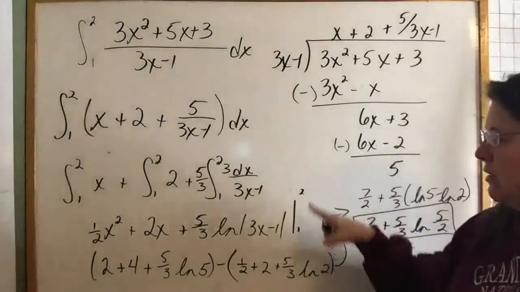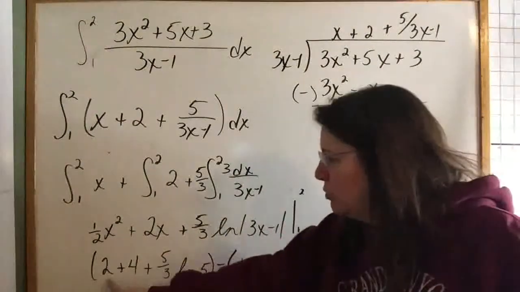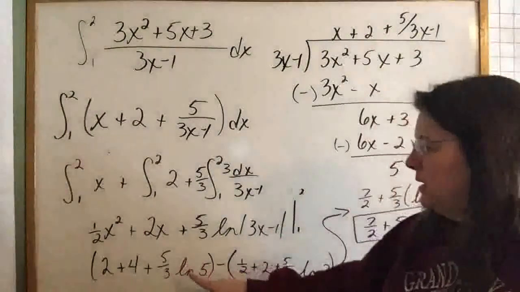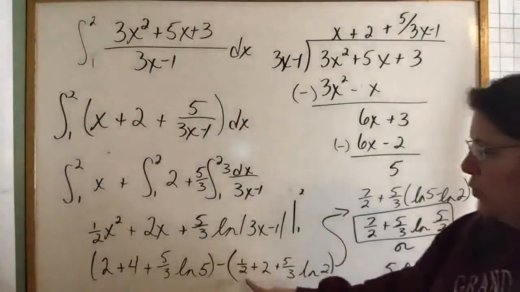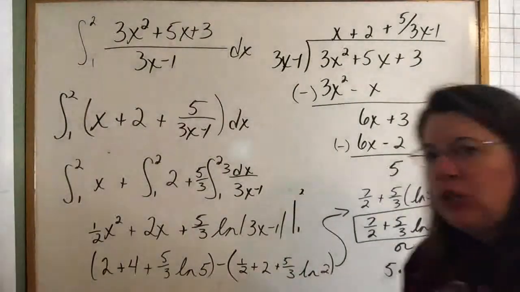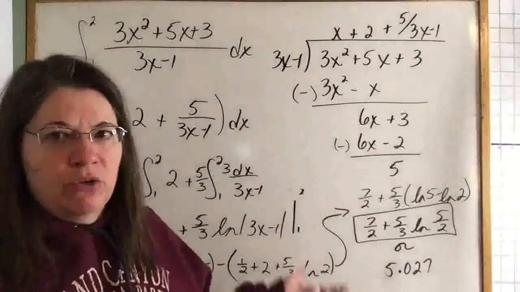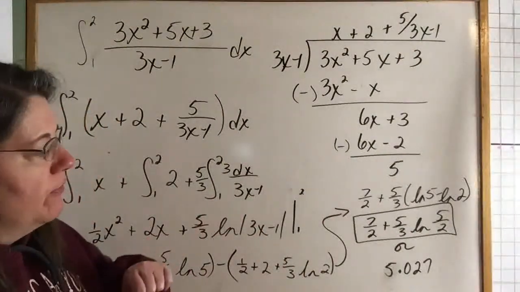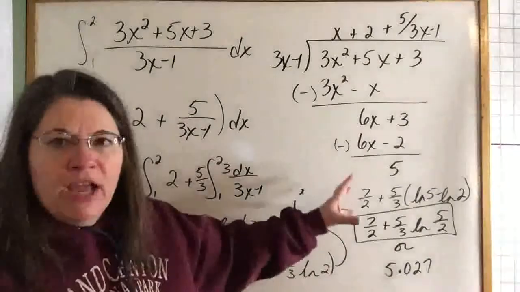This was a definite integral, so I plug in the 2 first. When I plug 2 in, I end up with 2 plus 4 plus 5/3 times natural log of 5, minus what I get when I plug in 1, which was 1/2 plus 2 plus 5/3 natural log of 2. I use my calculator. They're not going to give you one this complicated without calculator use. So I used my calculator for this next part, and I added up all the rational parts of this.